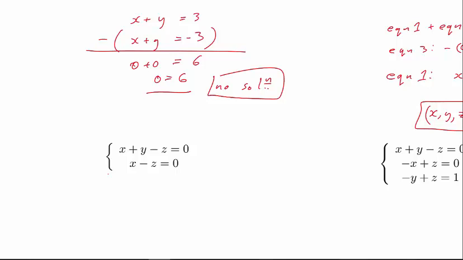Alright, so to find the equation of that line, first thing we're going to do is subtract these two equations from each other. So x minus x is 0, y minus 0 is y itself, and negative z minus negative z is 0, and of course 0 over 0 is 0.